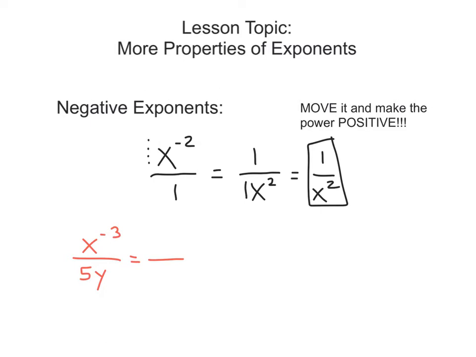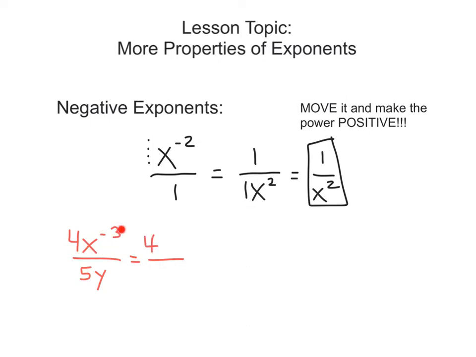Let me change this problem just slightly. Let's put a 4 out in front right here. So 4 times x to the negative 3rd all over 5y. So here's how I do this. I think about, do I keep it or move it? This 4 right here, I keep it. It doesn't have a negative exponent. So I keep it where it is.